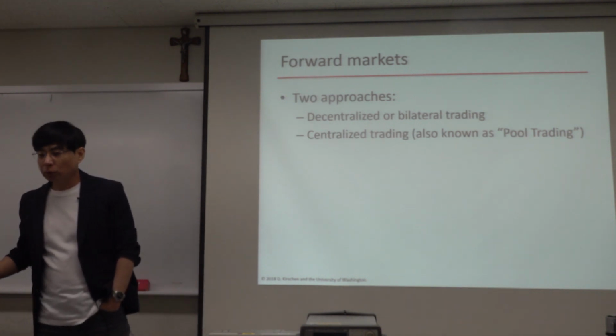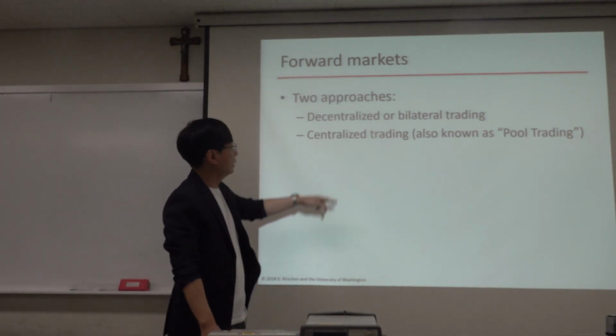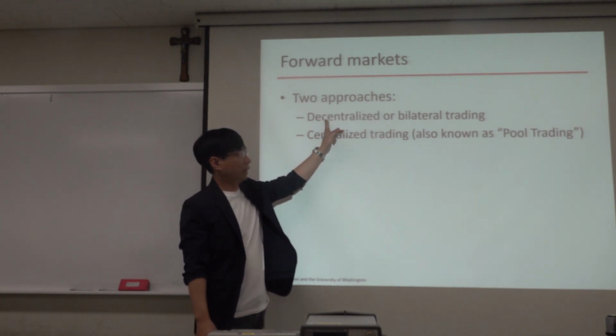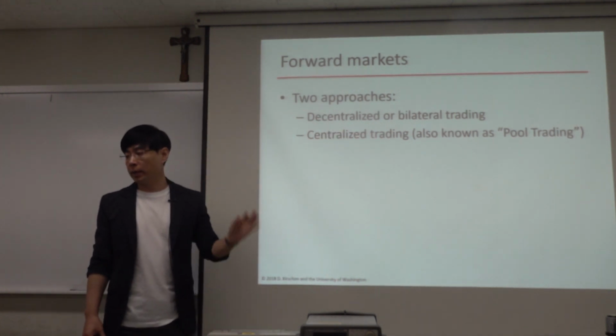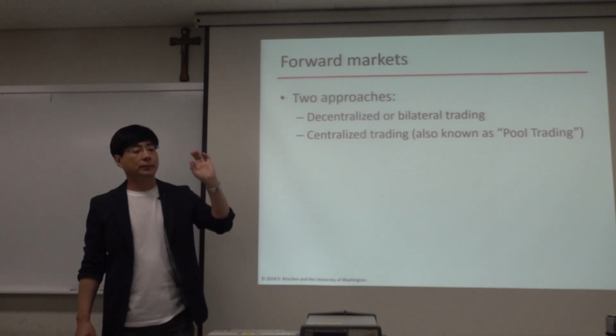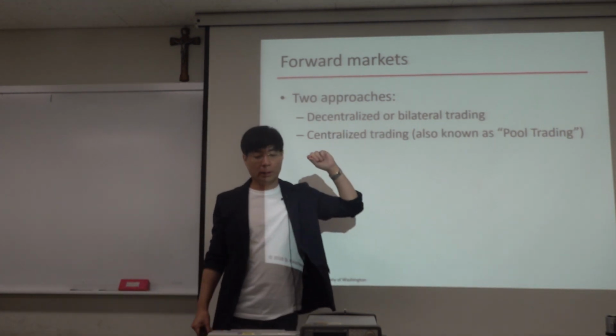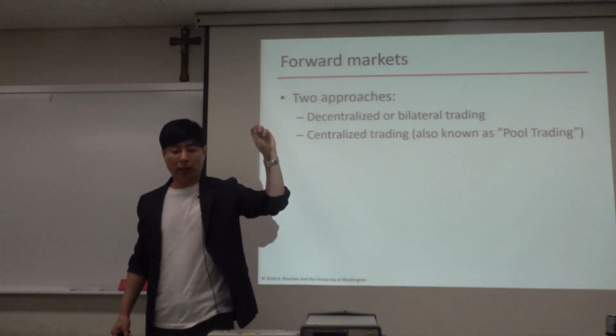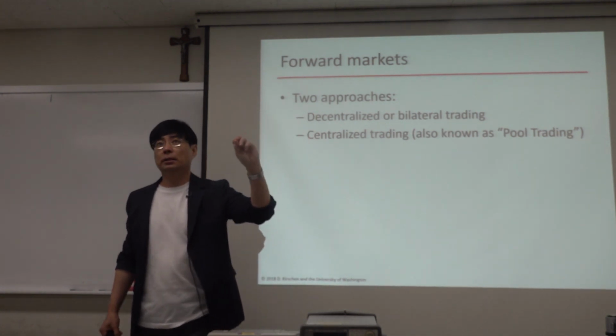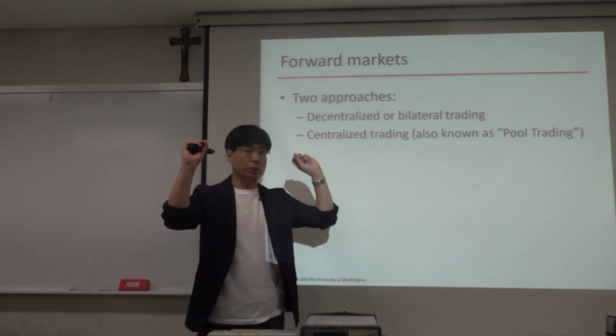There are two types of forward market: decentralized market, or bilateral trading. Bilateral means 쌍방 or 쌍무. Here we have two parties, the seller and the buyer, and the price is determined between these two.